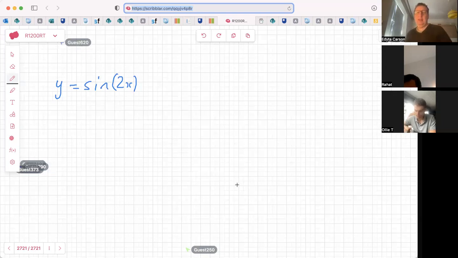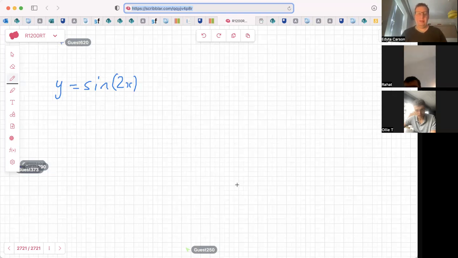Here we have sine 2x, and we've just established that means sine operates on 2x. That's what a composite function does. It operates on the 2x. So whatever x is, times it by 2, and then sine operates on it. And that's not the same thing as multiplied.